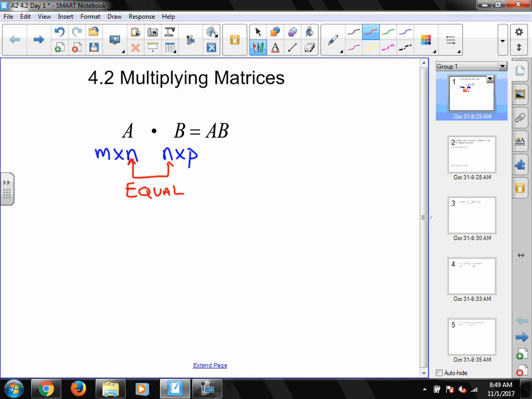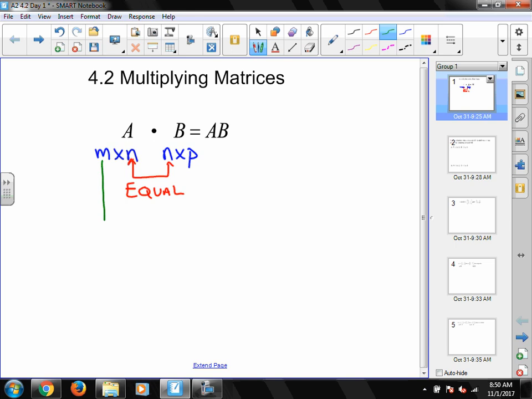So remember, this is going to be the columns of A and the rows of B. Those need to be the same. So if they're not the same, we can't multiply these. So we would just simply state that. So that's how you check to see if you can multiply.